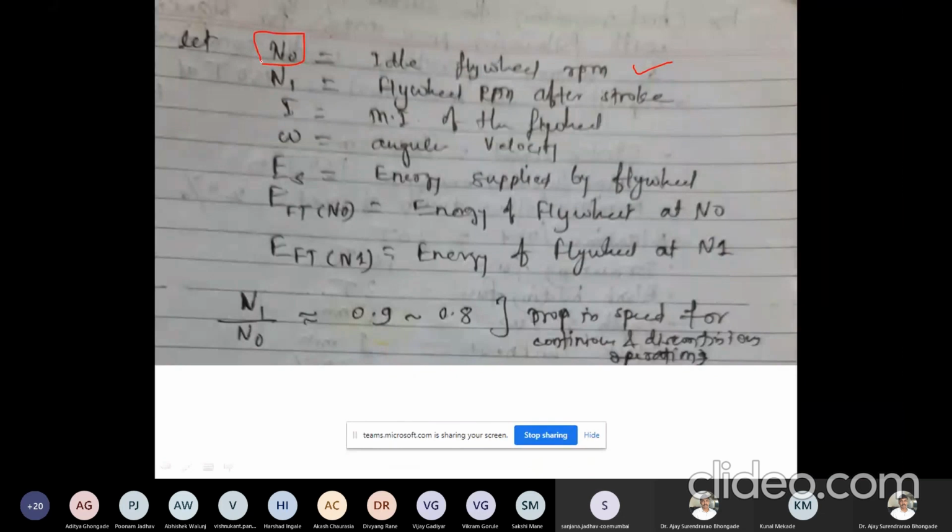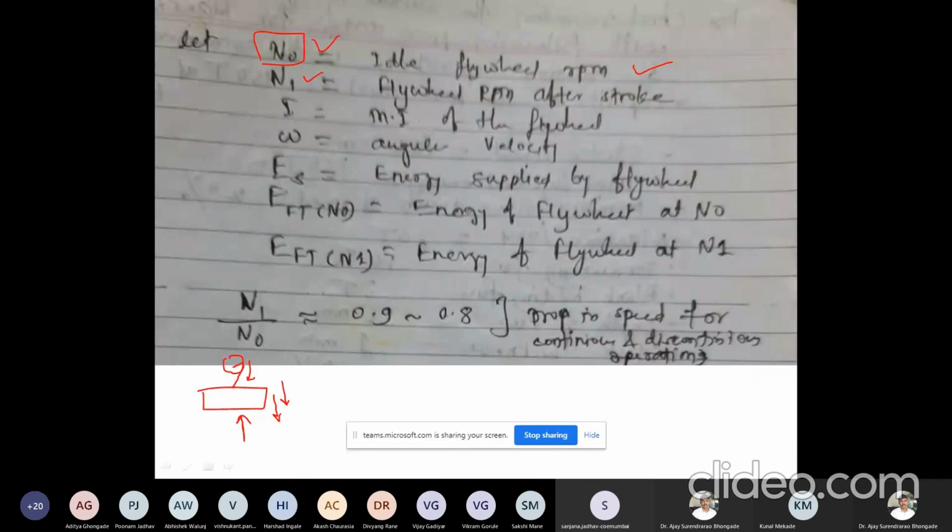N1 is the flywheel RPM after the stroke. Once the ram comes down and does the operation, obviously, due to the reaction of the cutting forces, the speed is retarded due to the load, and the RPM decreases from the earlier N0 up to N1.